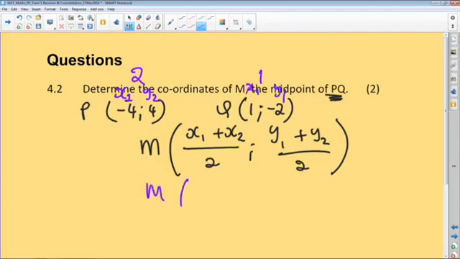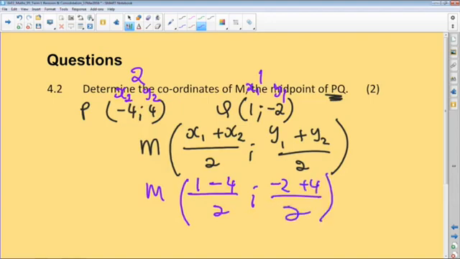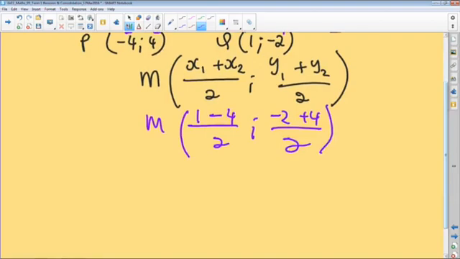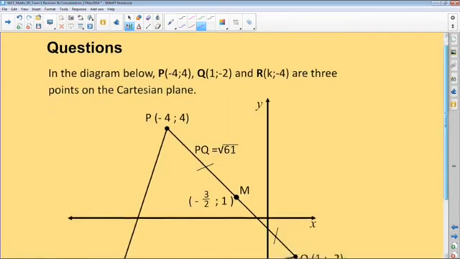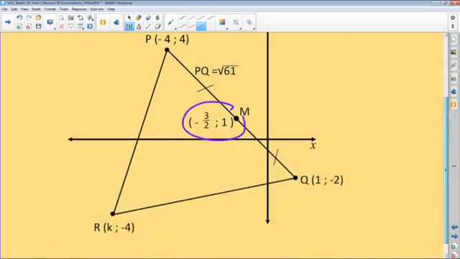So your midpoint will be 1 minus 4 over 2, and minus 2 plus 4 divided by 2. So M is minus 3 over 2, and 2 over 2, which is 1. So your midpoint is negative 3 halves and 1.